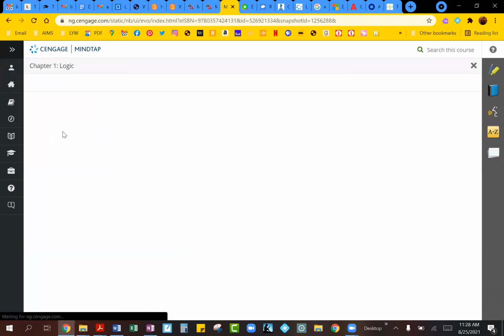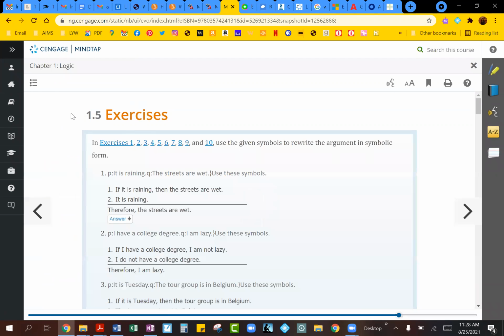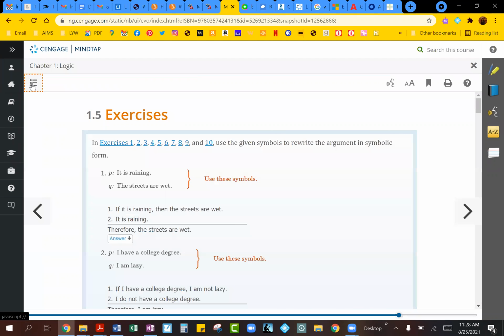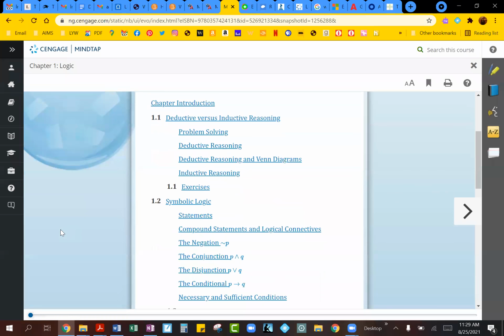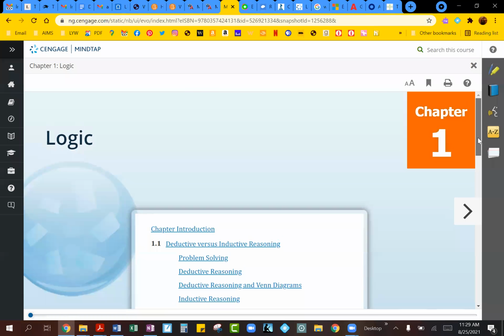Let's say since we're going to be working on chapter 1 right now, we can click on 1, and with the little menu option here, you can go under the chapter menu, and you can see it's breaking it down by different sections. If you want to go directly to exercises or look at the different information in the chapter, you can go from here. So that's how you access your e-textbook.